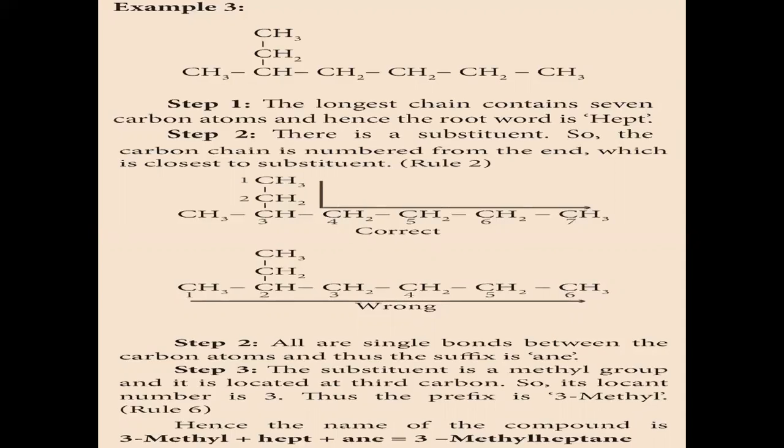This compound has a single bond, so the suffix word is ane. So the compound name is 3-methyl heptane. So does everyone understand how we form the IUPAC name?